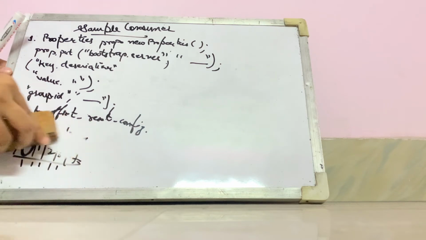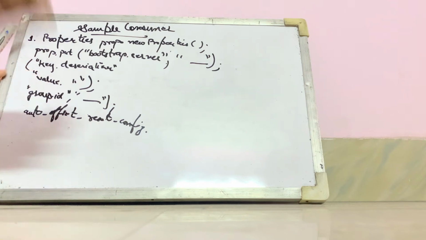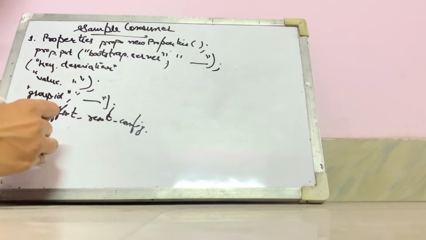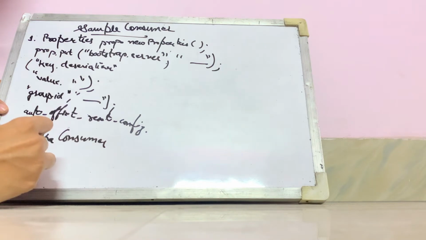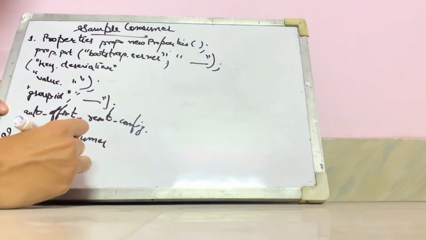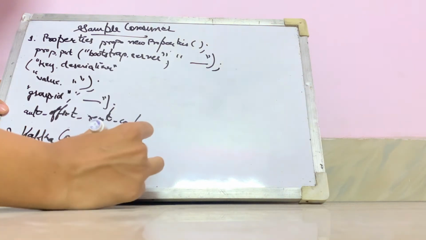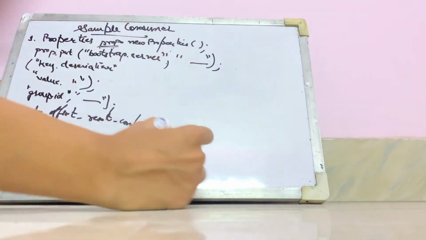Once the properties are set, we have to make one Kafka consumer instance. Consumer equals new KafkaConsumer, where we have to set all these properties.